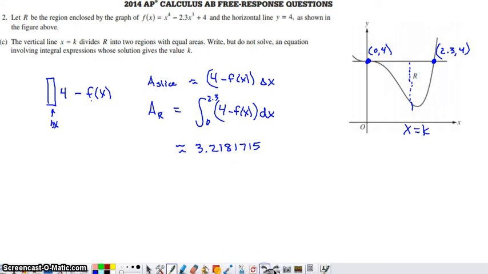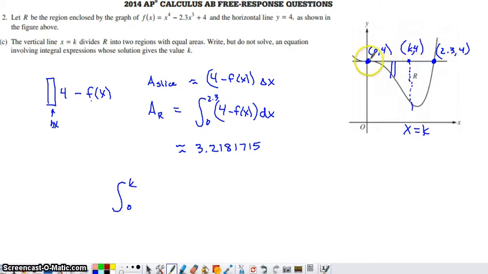Now if I want to figure out what the value of k is, to find the area to the left, I'd have a slice that has the same set of dimensions, right? The top is at y equals 4, the bottom's on f of x. I would do the integral from 0 up to k. This would be k comma 4, that intersection right there.